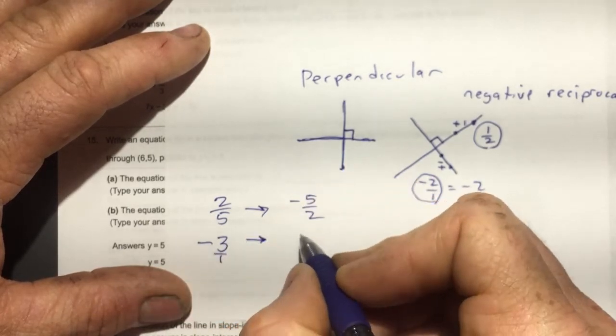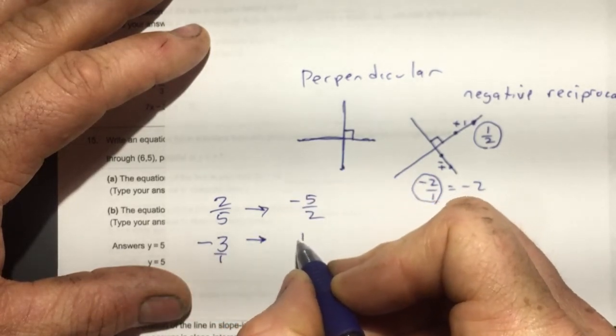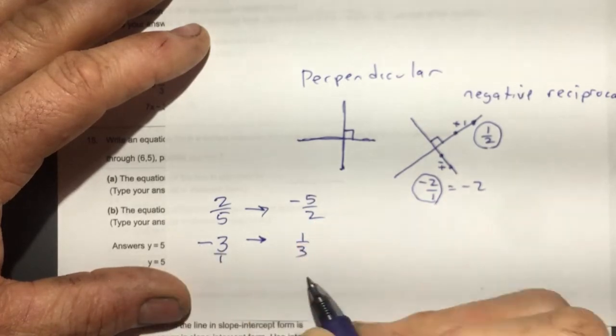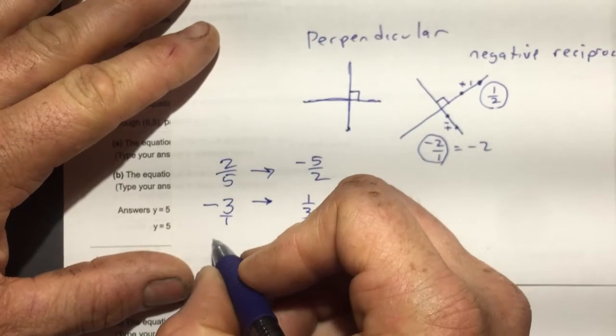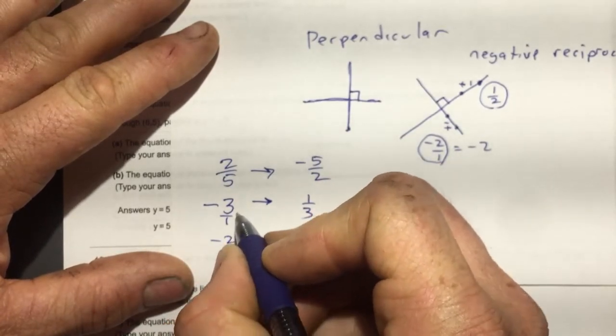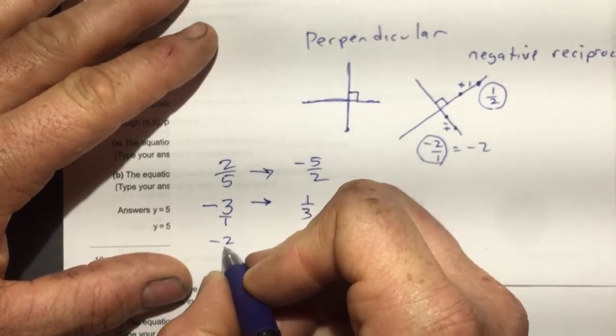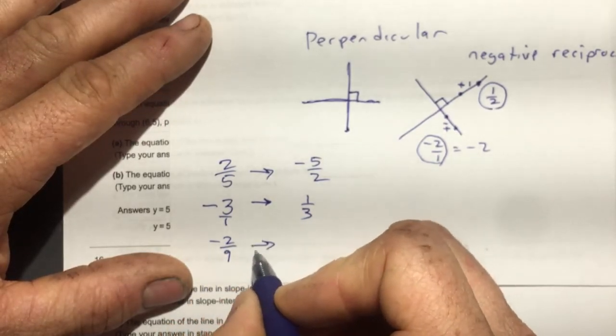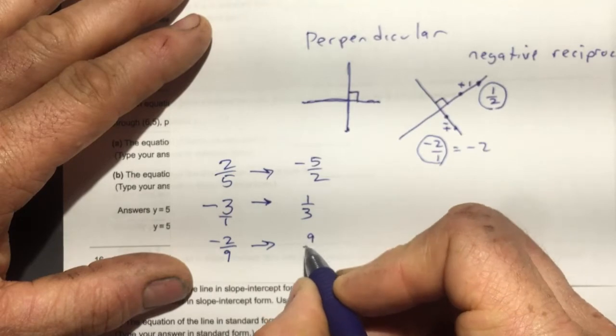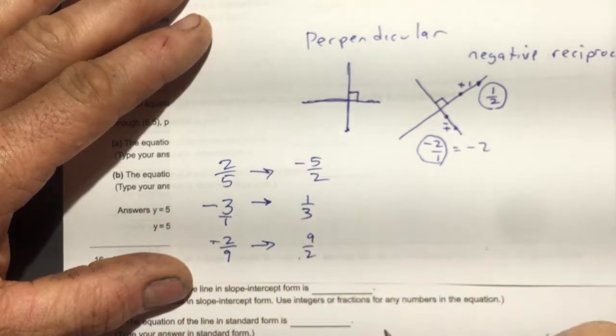So I'd flip that, which would be 1/3, and it's going to be positive 1/3. It's got to be the opposite, and it's got to be flipped. If I have -2/9, that means perpendicular to that, I would flip it, which would be 9/2. And since this is negative, that would have to be positive.